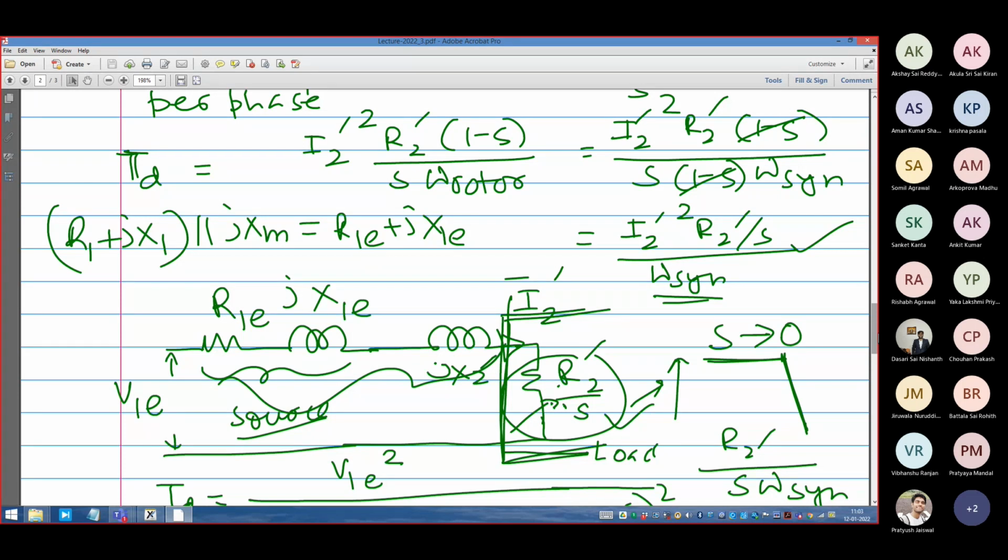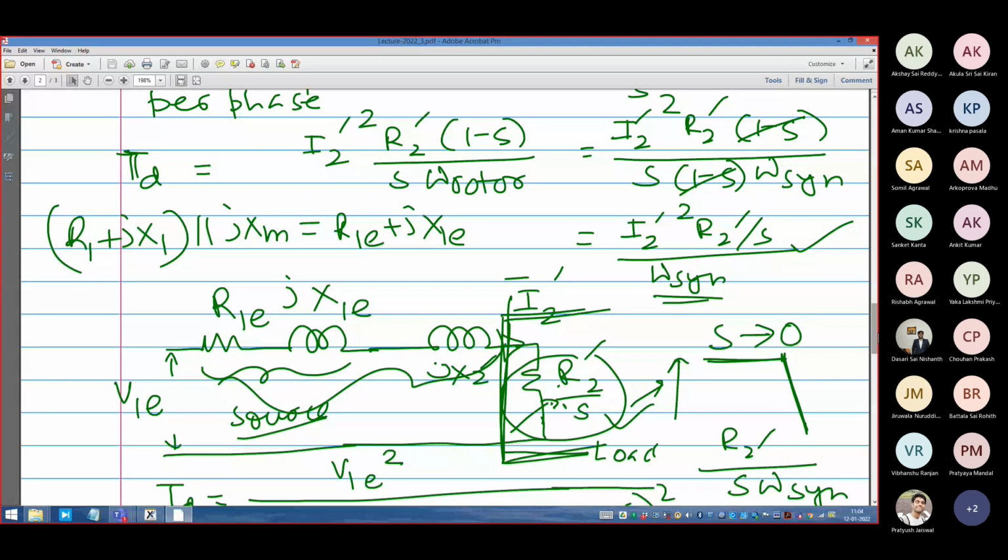We can create a difference between the supply frequency and the mechanical frequency. I'm talking about all frequencies in terms of radians, just for clarity. We can create the difference by the choice of the number of poles of the machine.